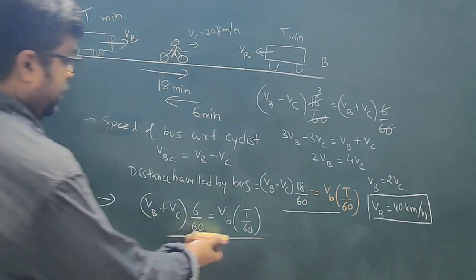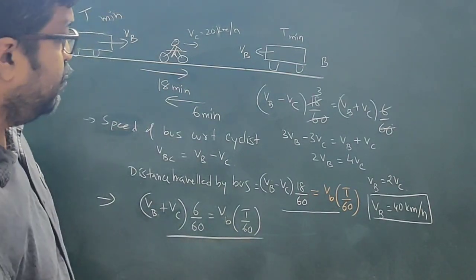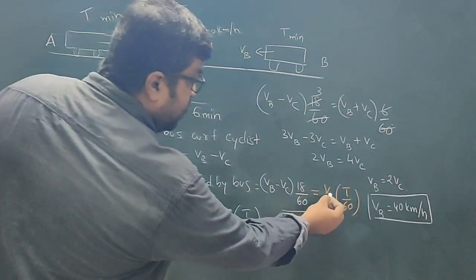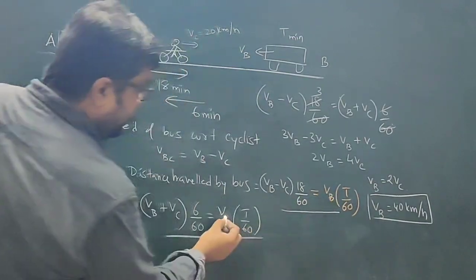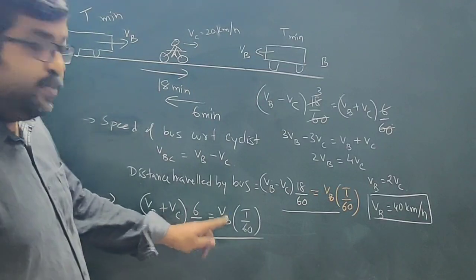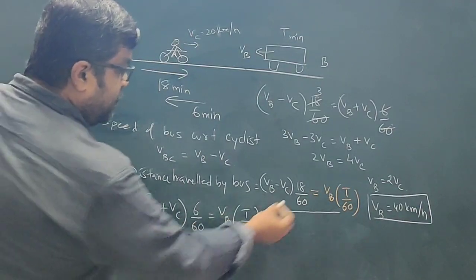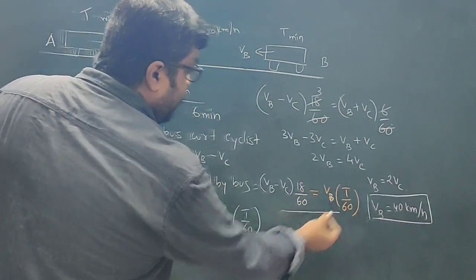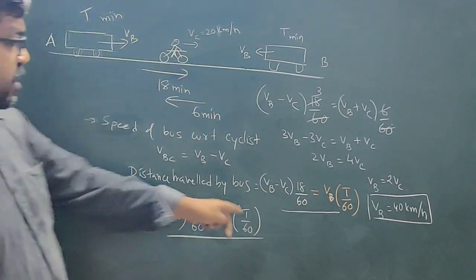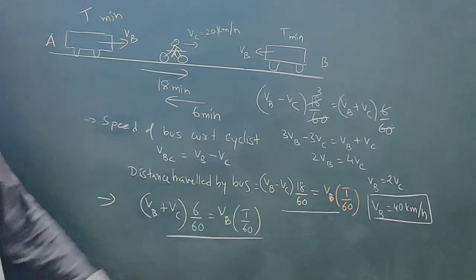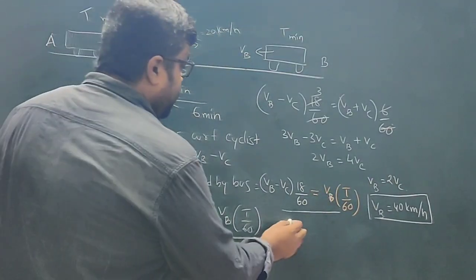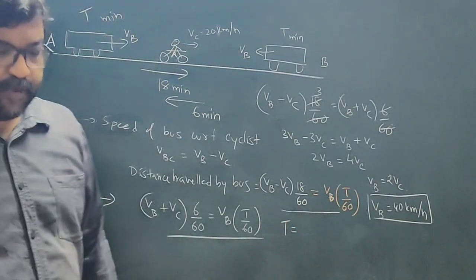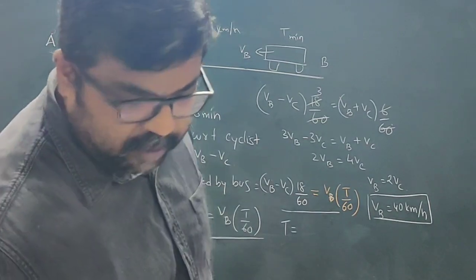If we substitute this value of VB, the speed of the bus, in either of the equations, you will get the value of T. You can simplify this on your own, but I'm writing the value for your sake.